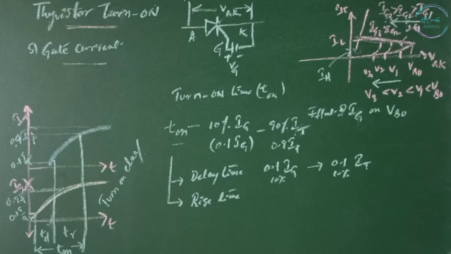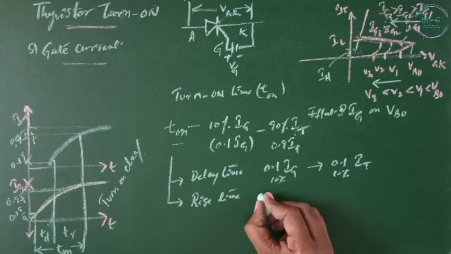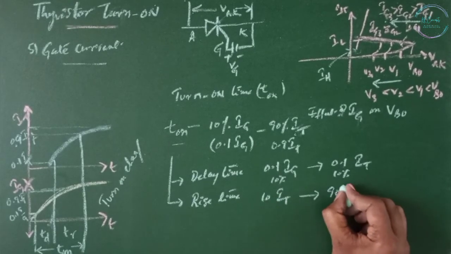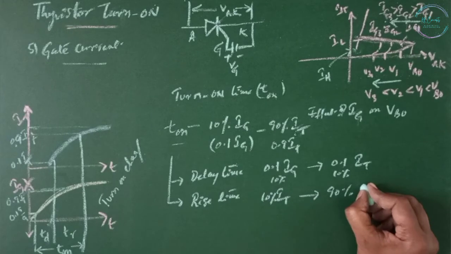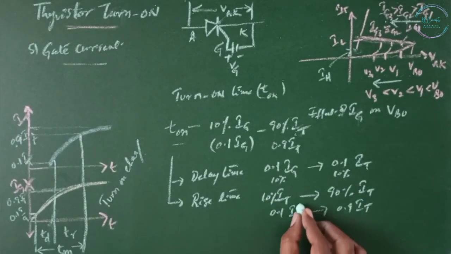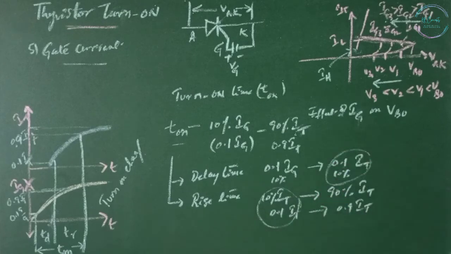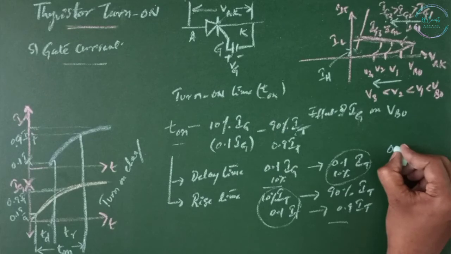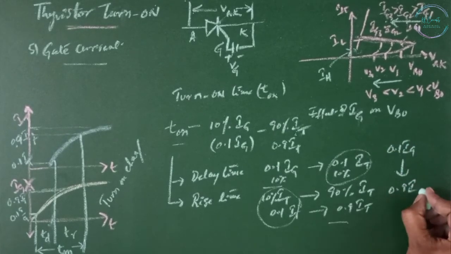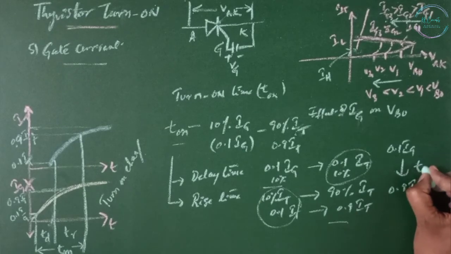Rise time TR is required for the anode current to rise from 10% of the IT to 90% of the steady state turn on thyristor current. Combination we can say, and this point is same. So from here to here we can take that 0.1 Ig2, 0.9 IT is nothing but the turn on time.